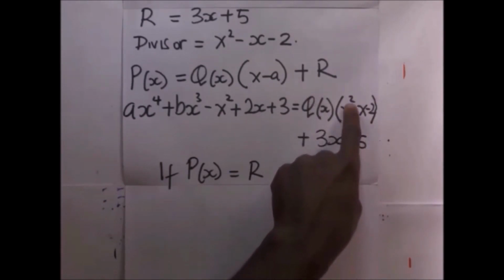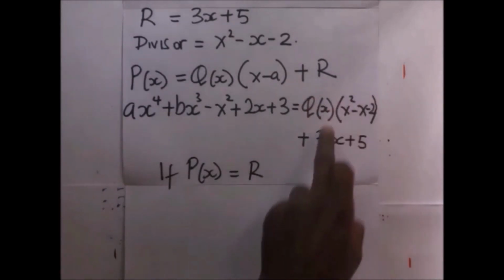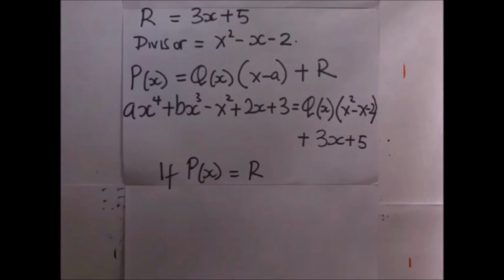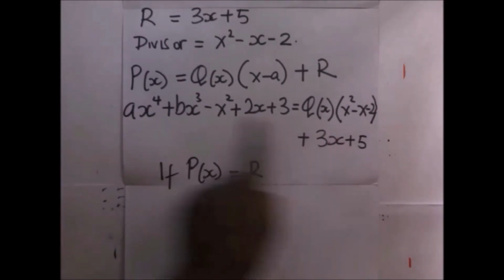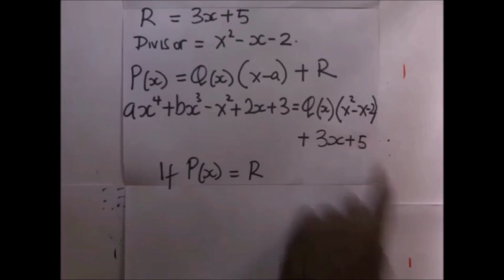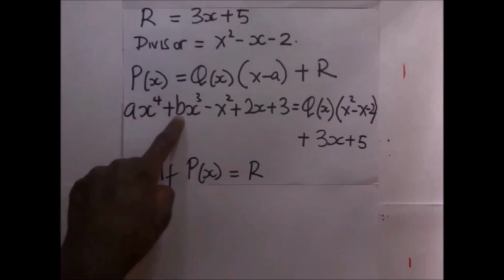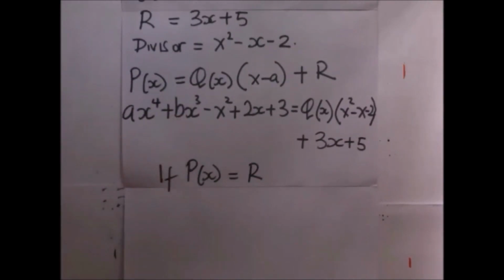We factorize this expression and get our value of x. After that, we substitute it in this whole expression, so that we form simultaneous equations which we shall later solve to get our values of a and b. So we start working.